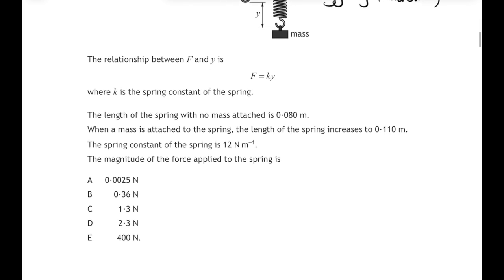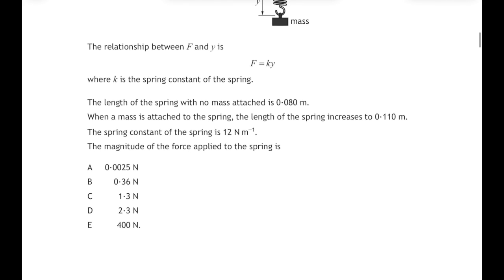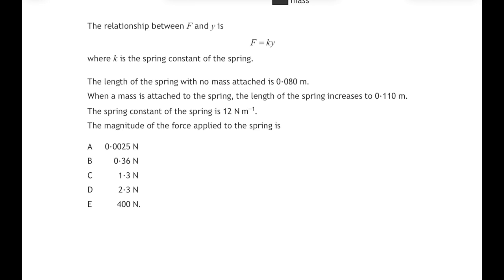Now the length of the spring with no mass attached is 0.08 meters, and when a mass is attached to the spring, the length increases to 0.11 meters. So that spring has got longer, it has extended by 0.03 meters. And the spring constant is 12 newtons per meter.